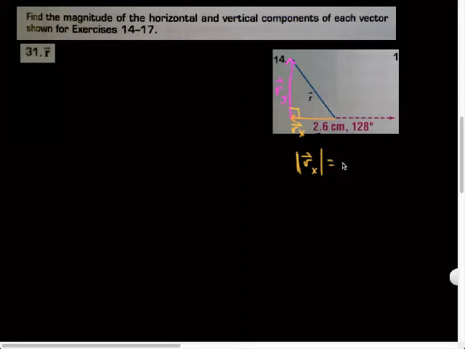It's quite wonderful. This should be equal to about negative 1.60 centimeters, negative merely because it's traveling in the leftward direction. And then the other one is 2.05 for the magnitude of the vertical component.